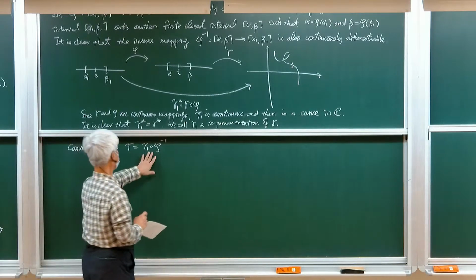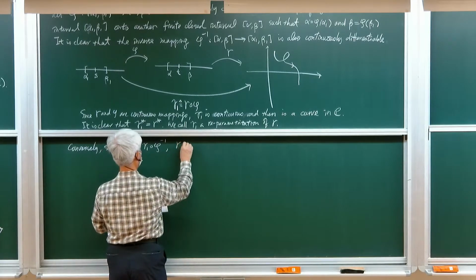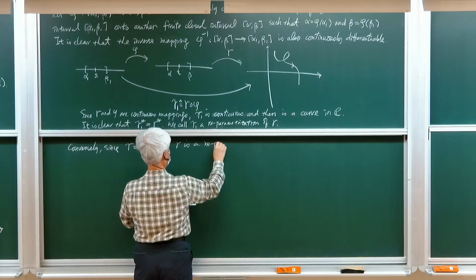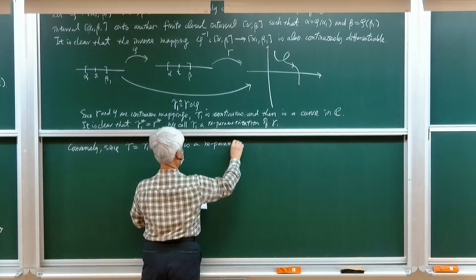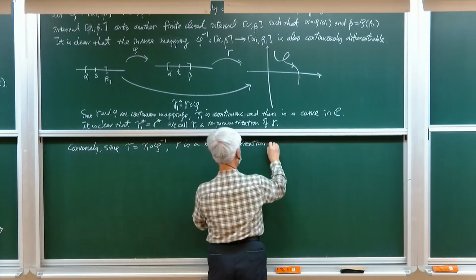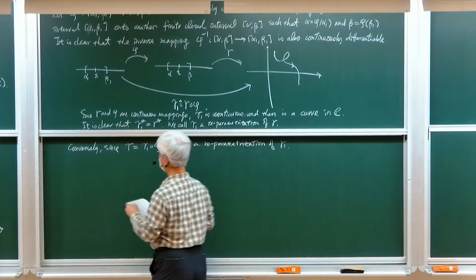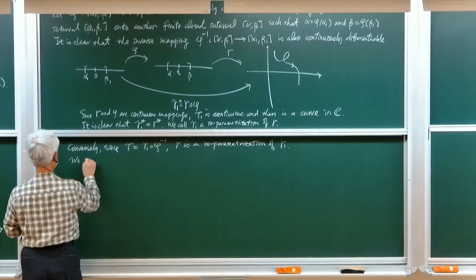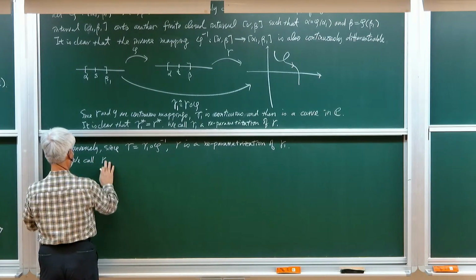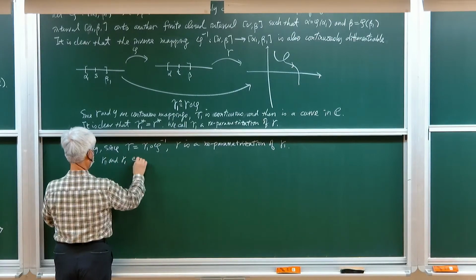So we can say gamma is a reparametrization of gamma 1. Okay, and so in this case we call gamma and gamma 1 equivalent.